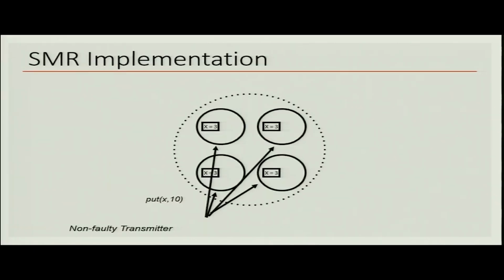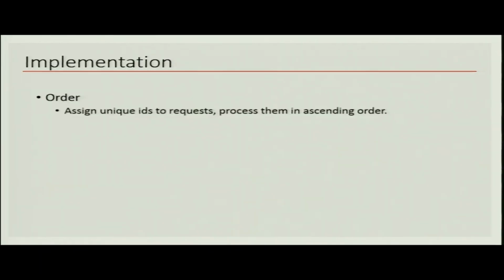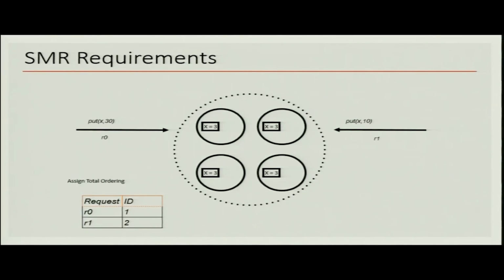If the transmitter is non-faulty, everybody will get the transaction, and then the ordering is done by assigning IDs. So R0 may be given an ID and R1 may be given an ID, but eventually everybody should decide on the same ID. If the IDs are given from an ordered set, then the increasing order will decide what the order of the transactions will be.